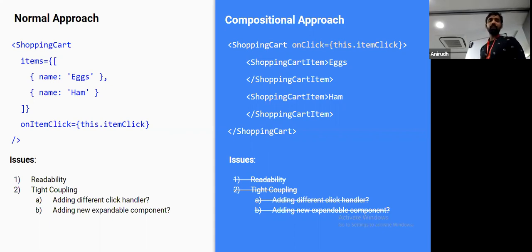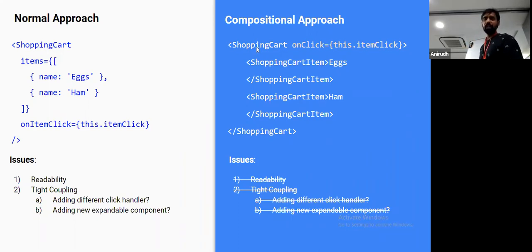It's not making sense what is happening. And we also have the tight coupling issue. If you want to add additional click handlers, it is really not possible, because we have only one click handler which gets cloned on each of the items in the left hand side. And say suppose if you want to add an additional expandable component in the left normal approach, it's really not possible.